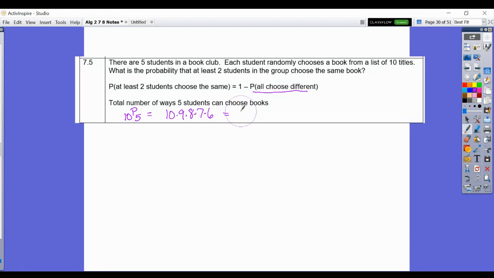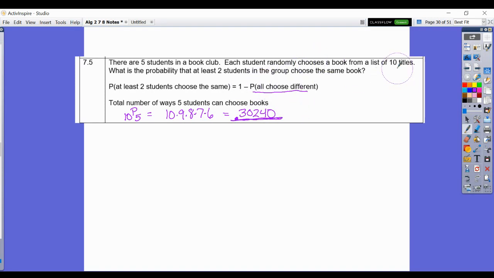So this is 30240 ways to choose it. Sorry, I did that wrong. There we go.